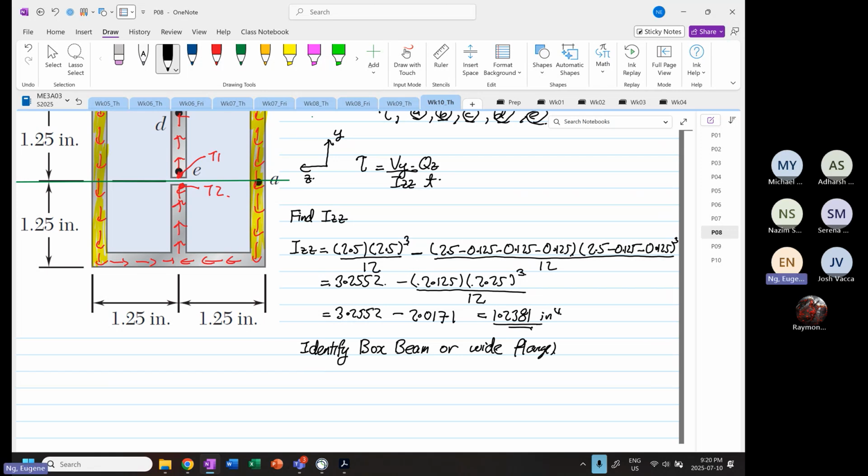At point E, it is a wide flange because you have one terminal and one arrow.